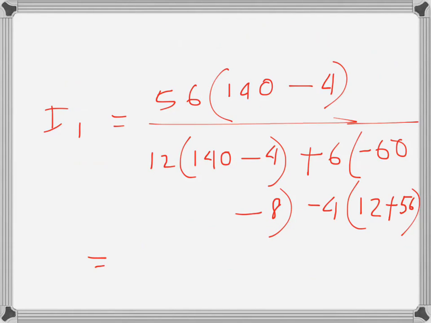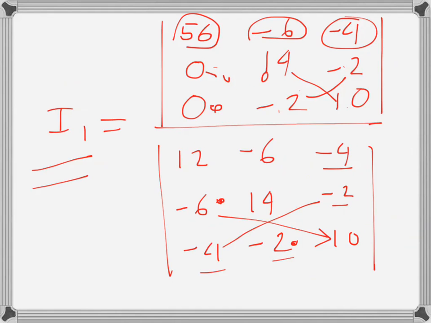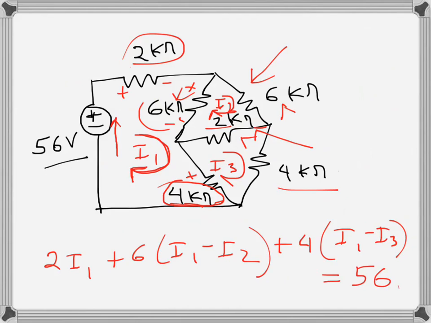So once we do this, what I got for I1 is 8 milliamps. And since I1 is going counterclockwise and the voltage source has a minus here, plus here, the current should be this way. So I1 is the desired current, the current through the voltage source. So that's 8 milliamps.